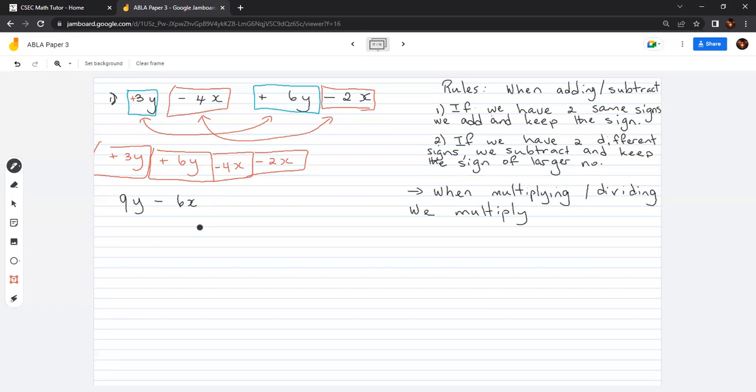So we multiply or divide like normal. One, if you have two same signs, answer is positive.